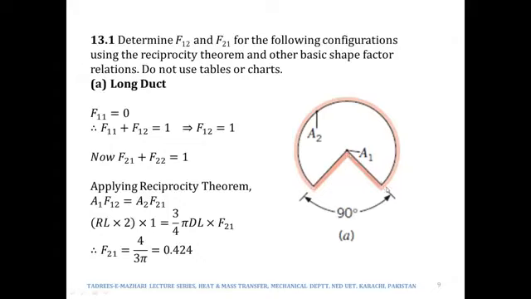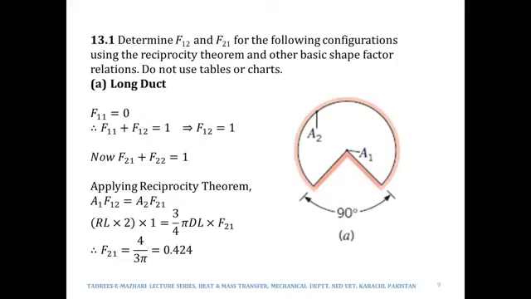And over here we have got two surfaces which would of course be rectangular, such that this angle is 90 degrees. Now in this case there would be four shape factors: F11, F12, F21, F22.